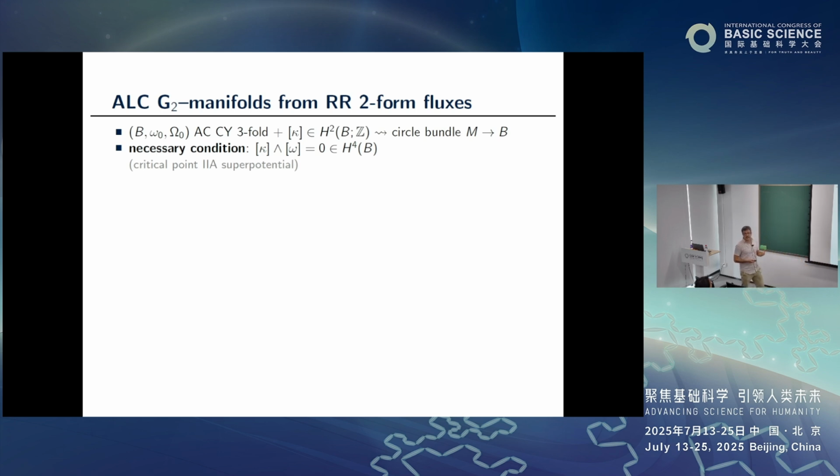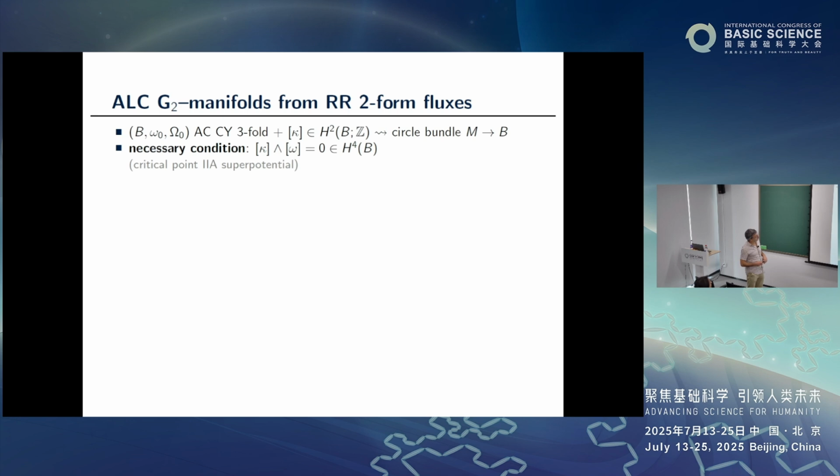We want to prove existence of G2 holonomy metrics that live on this circle bundle M, and where the circle fibers are very small.